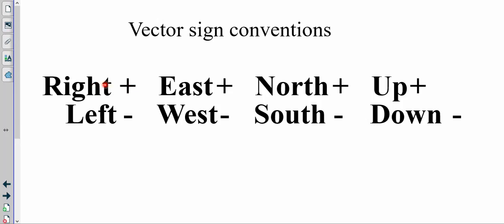Usually if an object is moving to the right, we would call that positive. If you're thinking of a basic number line, if you move to the left, we would just call it negative. Likewise can be said for east and west, and likewise for north and south. North is typically associated with going up on your piece of paper, and south is associated with going down on your piece of paper. And so we just assign positive and negative based on your good old Cartesian plane.